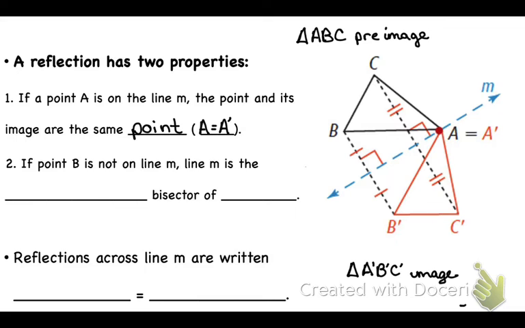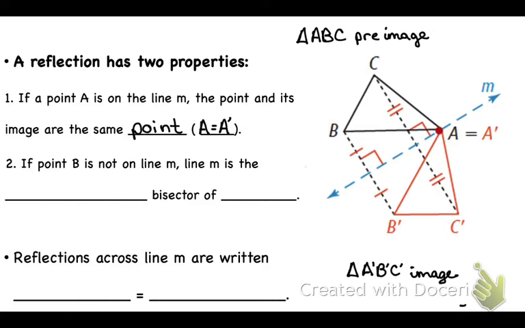Could A prime, B prime, C prime be the pre-image, and the other one be the image? Yep. The only reason I know that A prime, B prime, C prime is the image is that's how we note change in geometry. We put a prime on it. If we change it again from there, we'd put a double prime on it. But then if you go into calculus, the prime means derivative, second derivative, and so on. So in math, we use the same thing, but you've got to know where you're at. Does it make sense? Okay.